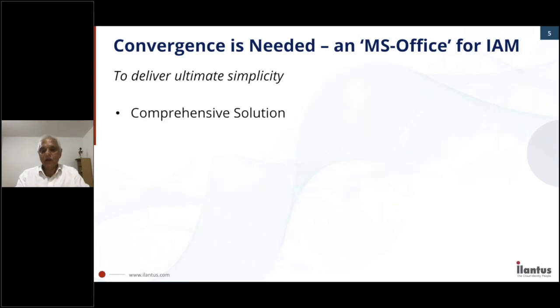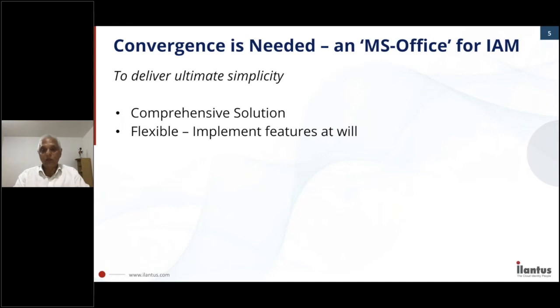It would obviously be a comprehensive solution by the very design. It should also be flexible, because if you have everything inside one product, it does not mean that the customer is going to pay for all of it on day one. As we know in this space, most customers would have an implementation staging.